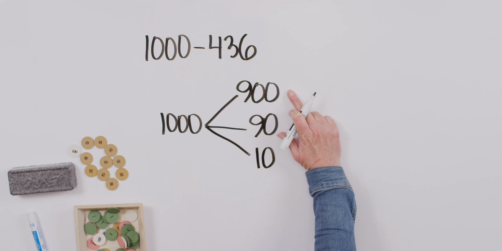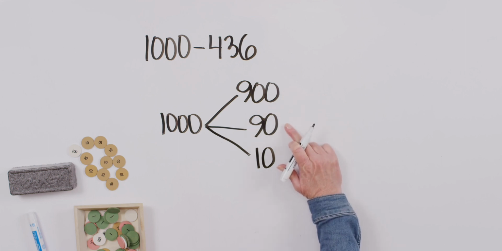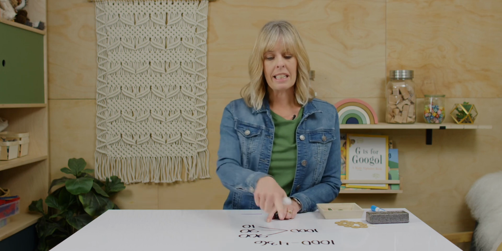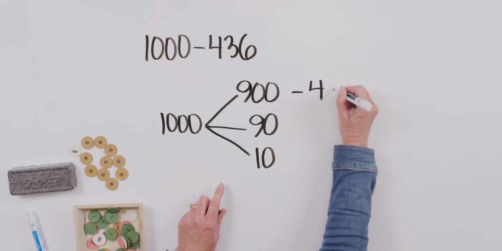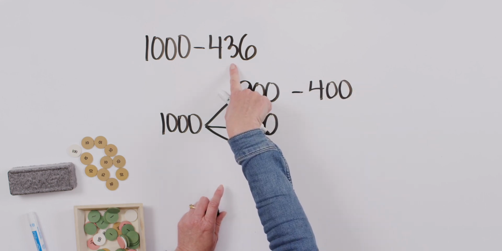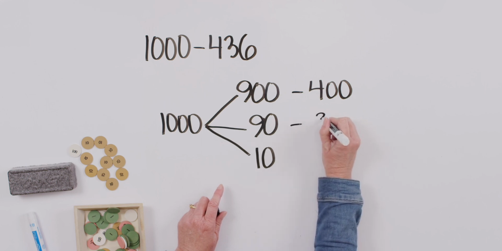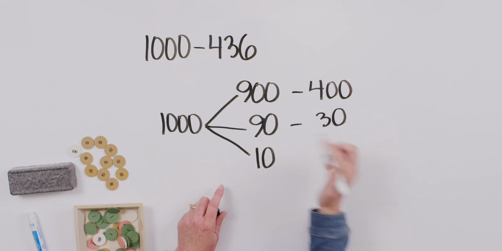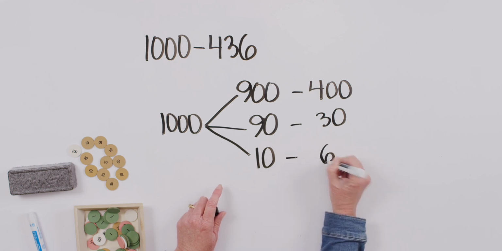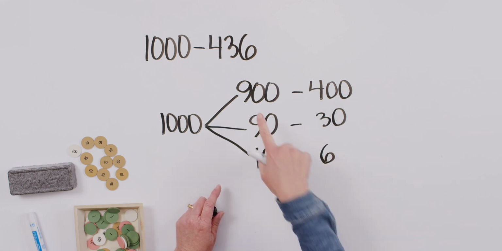So I'd subtract my hundreds from here, my tens from here, and my ones from here. What I'm subtracting is how many hundreds? 400. How many tens? 3 tens. And how many ones? 6.